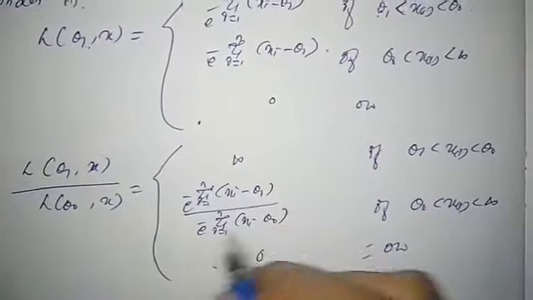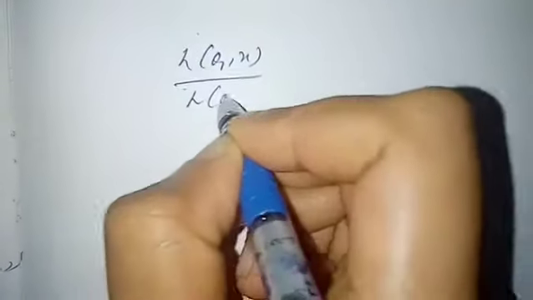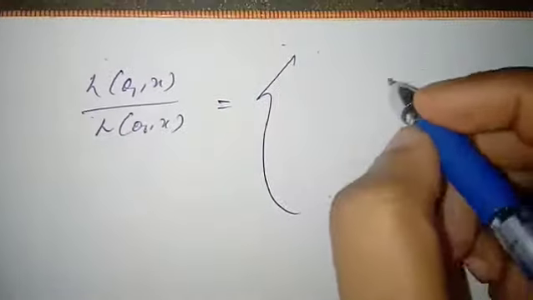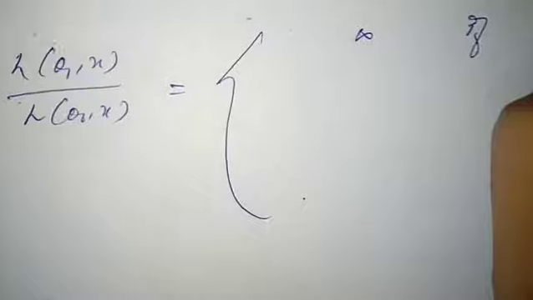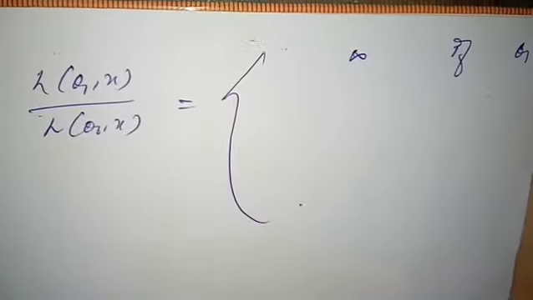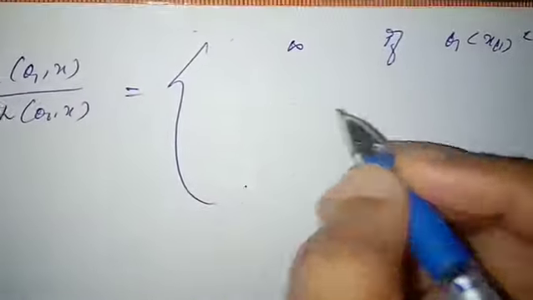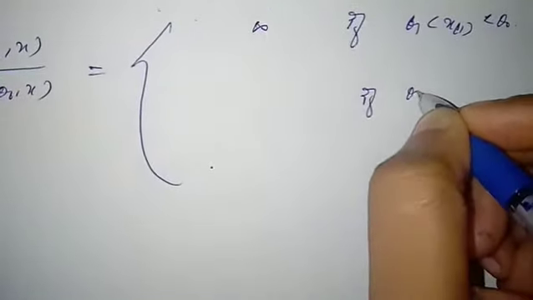We will write this term, the likelihood under H1 over the likelihood under H0, as equal to infinity if θ1 < x1 < θ0, then a constant if θ0 < x1 < infinity, and 0 otherwise.